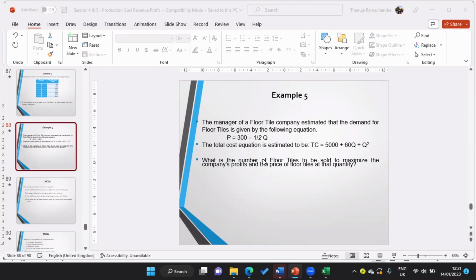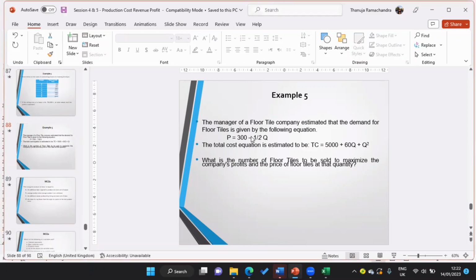We need TR to calculate the profit, right? So we can calculate the MC, no? Isn't it? MC, how do we get?